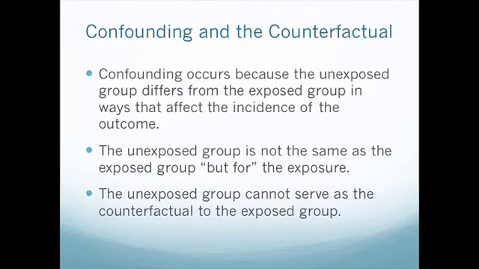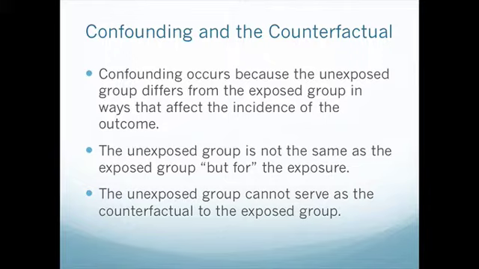Okay, so in the past we've talked about the counterfactual. What would have happened in the world if one thing were changed? The counterfactual and our understanding of it directly relates to confounding. So let's talk about this. Confounding, or interference by our third factor, occurs because our exposed group differs from our unexposed group in ways that affect the incidence of the outcome.